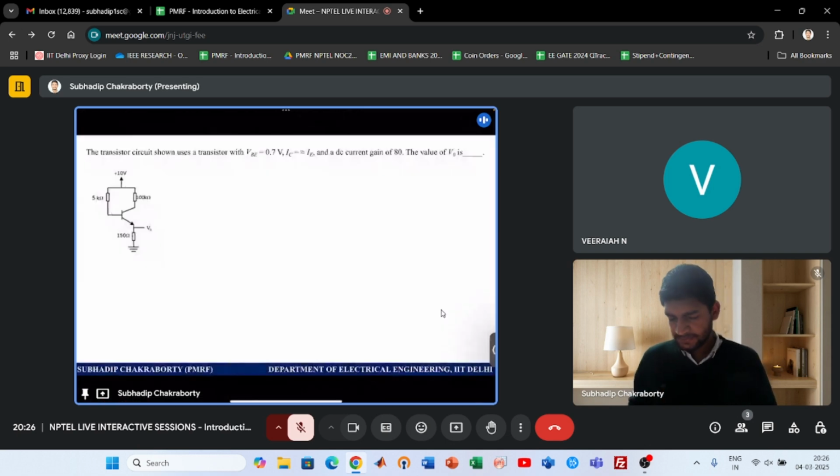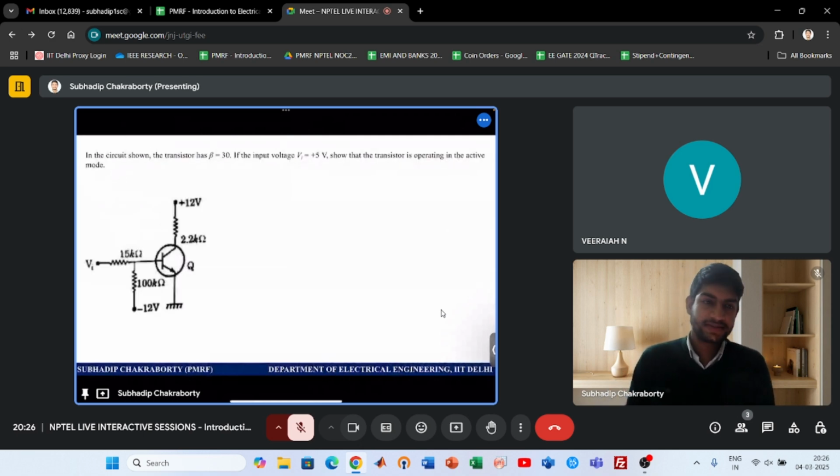So this was the problem, right? Yes, this is the problem that is popping up on your screen right now. It has given you beta as 30, input voltage as 5 volts. Here, this is 5 volts.